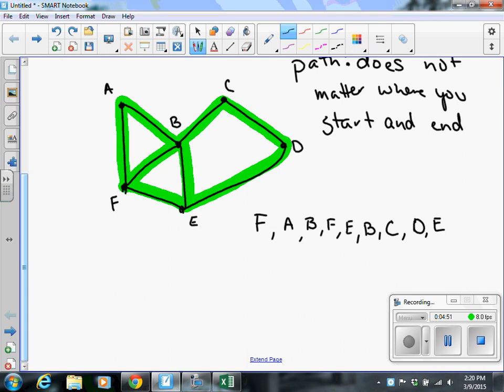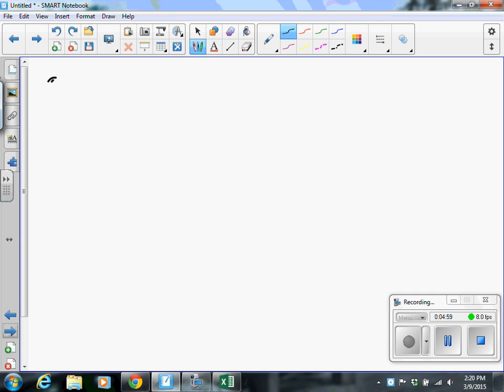as you can probably guess, if the path does not matter where you start and end, a circuit does. Okay, an Euler circuit has the same conditions. We have to cross an edge once and only once. An Euler circuit has to start and end at the same point.